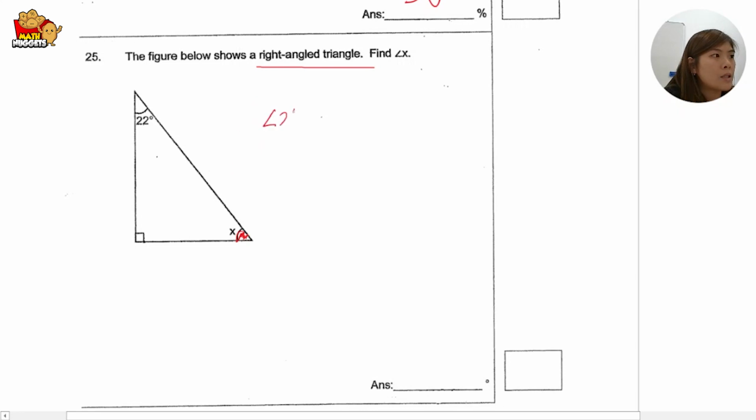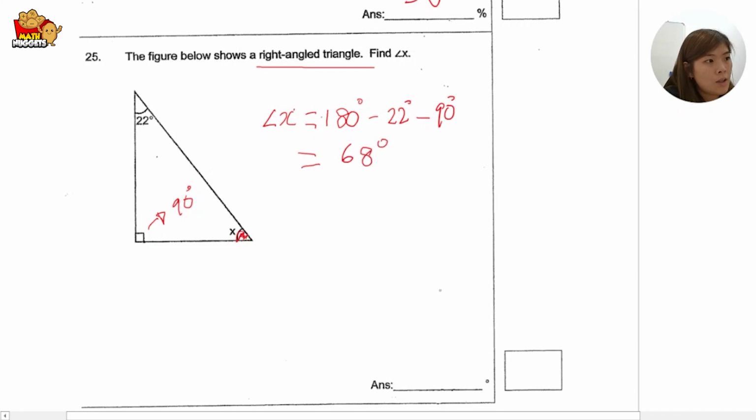Angle x will be the sum of a triangle, which is 180 degrees, minus away 22 degrees, minus away the right angle 90 degrees. It gives us 68 degrees. So 68.